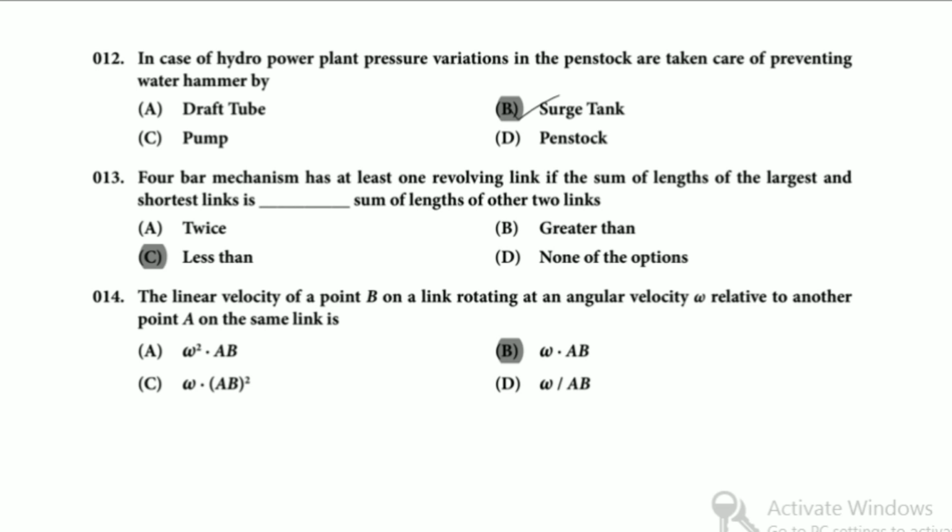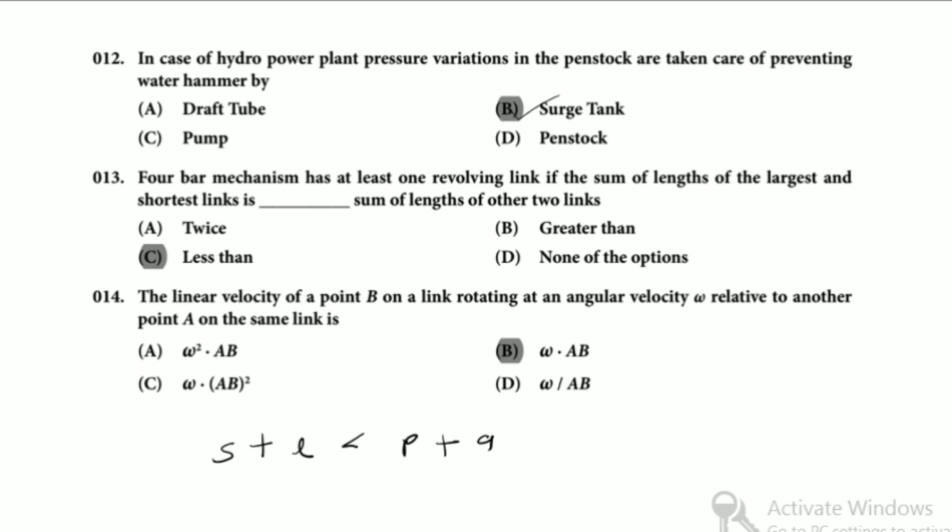If you know the theory of the double rocker mechanism and triple rocker mechanism, then you will be able to get the answer, right? If I draw for the double rocker mechanism, it would be shortest plus longest less than the other two links, meaning P and Q.